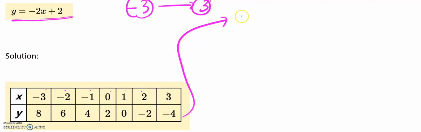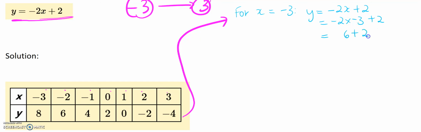For x equals -3, y would be equal to, you substitute it into this equation. So wherever there's x over here, you substitute -3: -2 times -3 plus 2. That gives us 6 plus 2, and that is equal to 8. So if you see that on our table, there's an 8.